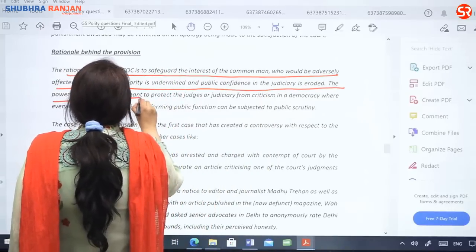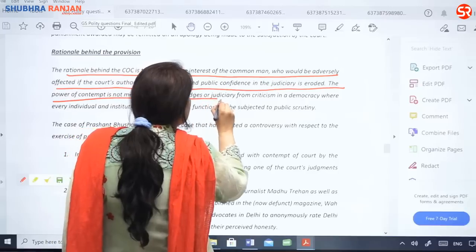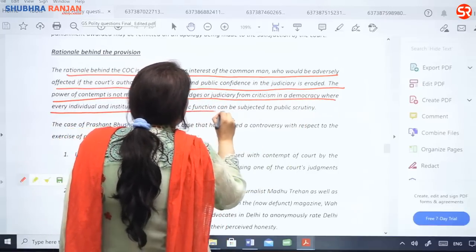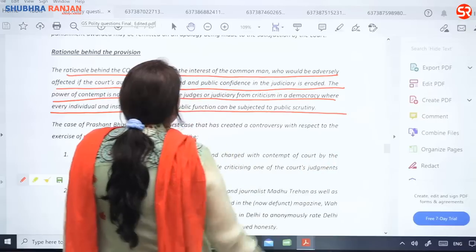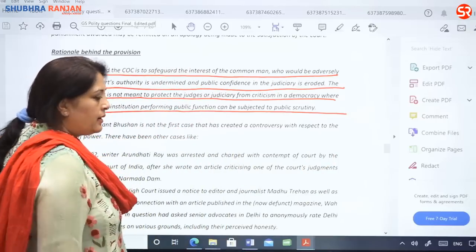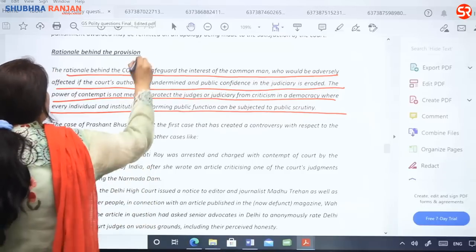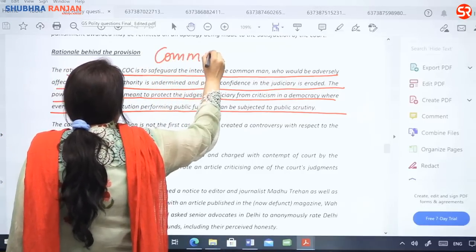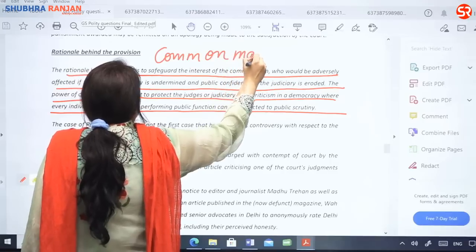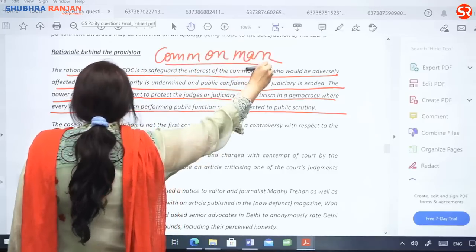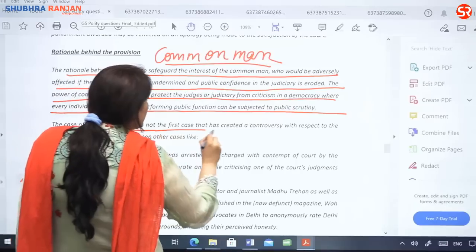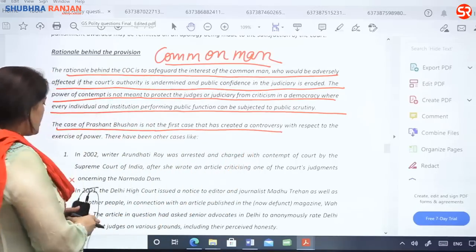The power of contempt is not meant to protect the judges from criticism, where every individual and institution performing a public function can be subjected to public scrutiny. So the basic rationale is in the interest of the common man, because the faith in the judicial system should be retained. The case of Prashant Bhushan is not the first case that has created controversy.